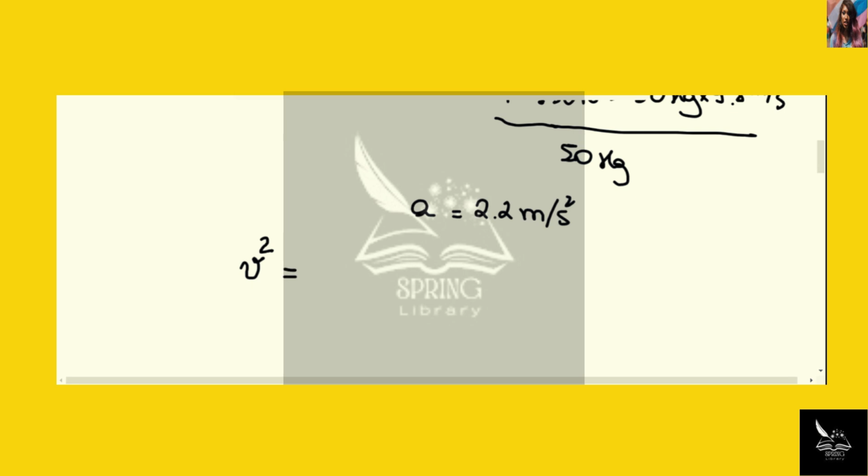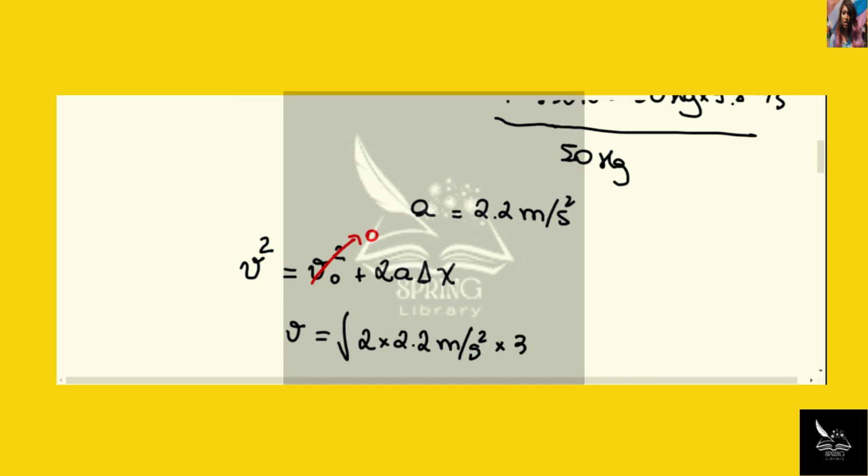So we have that v squared is equal to v0 squared plus 2 times a times delta x. v0 is 0, so v is equal to the square root of 2 times a, so that's 2.2 meters per second squared, times delta x, which is 3 meters.